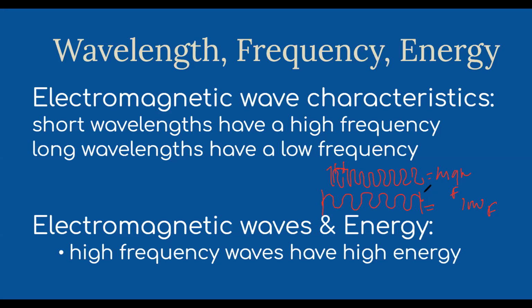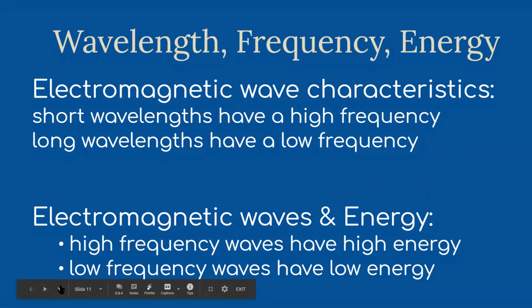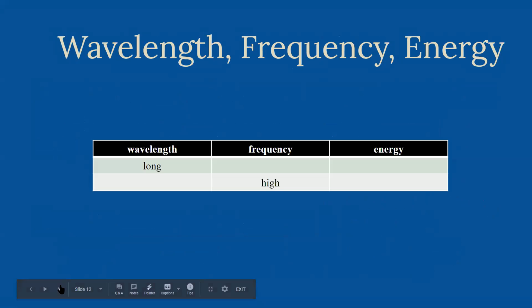In high frequency, you have higher energy. And we're going to go into why it has higher energy. But just know that the more frequent it is, the higher the energy is going to be. And low frequency has lower energy.